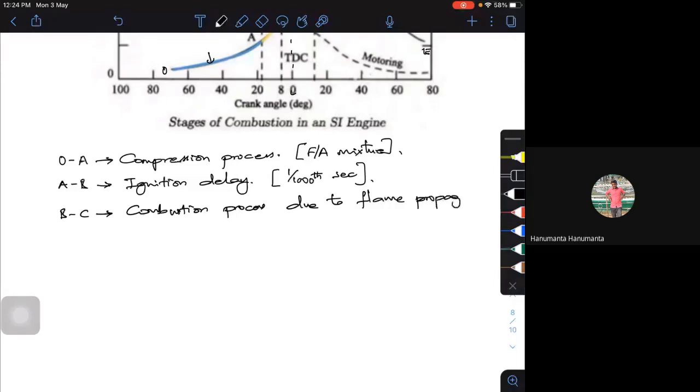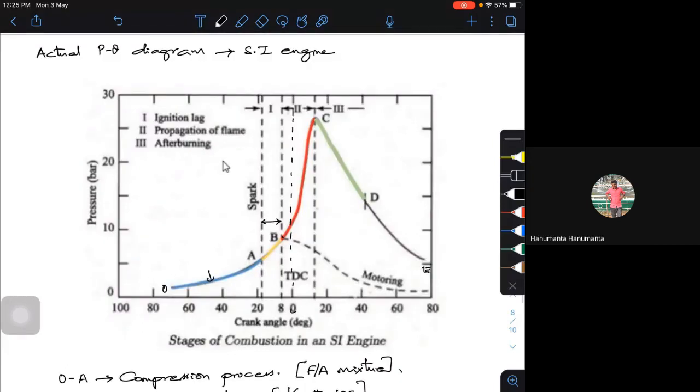So what will happen? The flame will start moving in this particular direction, during that period. That is called 2 to 3. Now the combustion is complete at point C, so the burnt gases should start expanding. From C to D, we call it after burning or expansion.